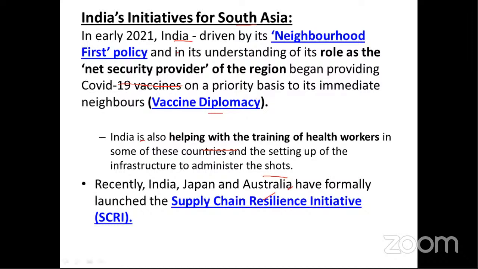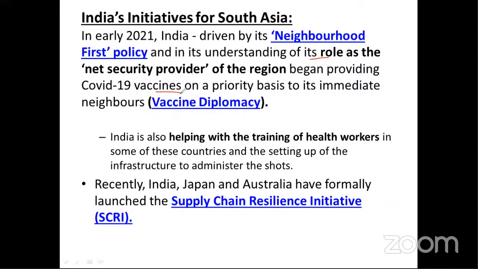What are the important initiatives started by India in South Asia? In early 2021, India driven by its Neighborhood First policy and its understanding of its role as the net security provider for the region, began providing COVID-19 vaccines on a priority basis to its immediate neighbors. In the exam, you can use the word vaccine diplomacy about India.